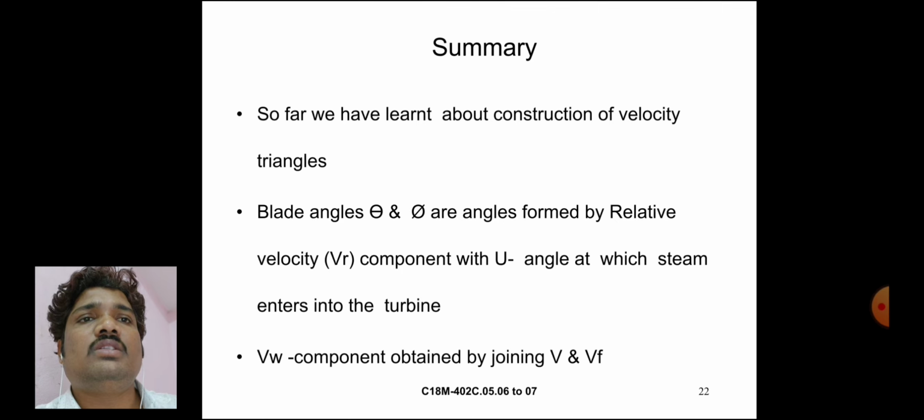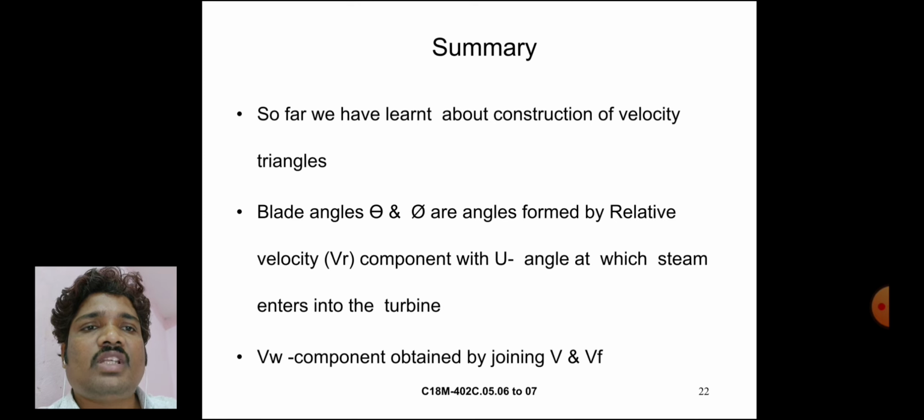In this summary, we have learned about construction of velocity triangles. Blade angles theta and phi are angles formed by relative velocity component with u, and the angle at which steam enters into the turbine.